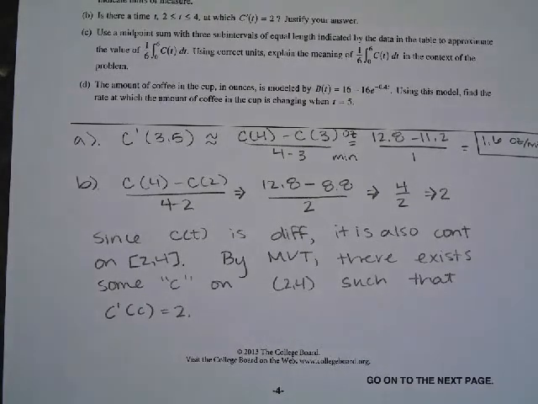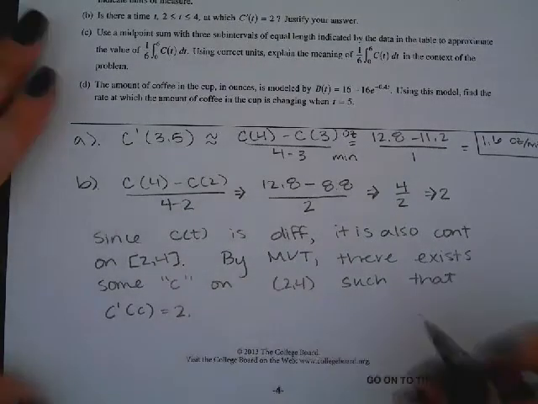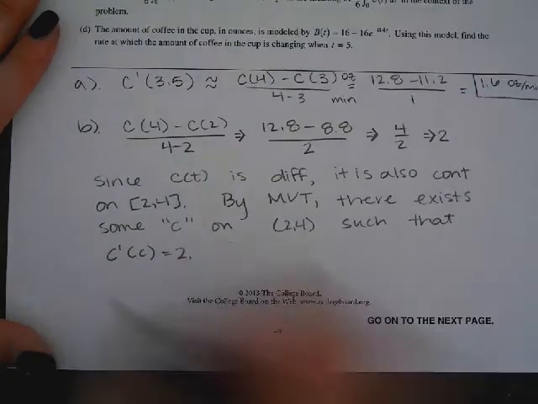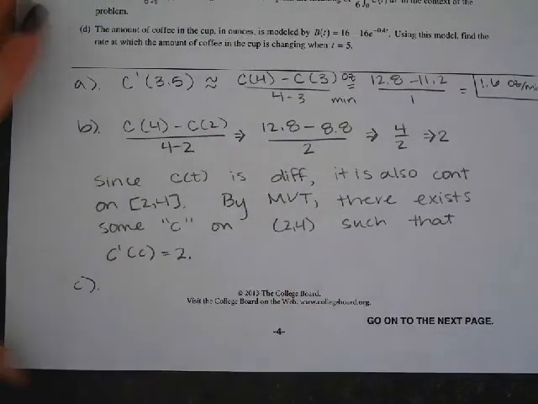All right, and then for part D, they give us a new equation, and they want us to find the rate at which the amount of coffee in the cup is changing when t equals 5. So, so sorry, skipped one. C. Just kidding. All right, they said use the midpoint sum to find 1/6 times the integral from 0 to 6 of c of t dt, explain the meaning of it, and then also find it.